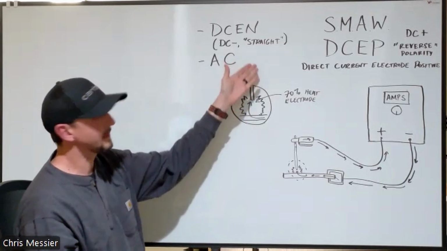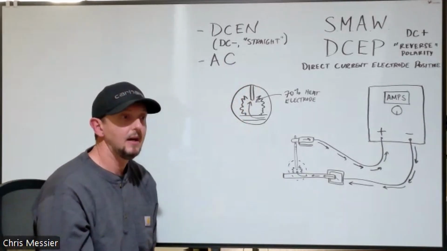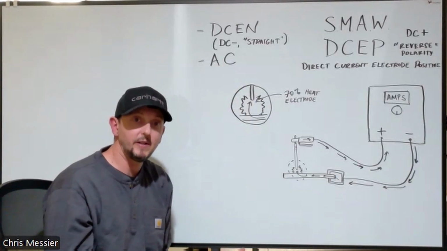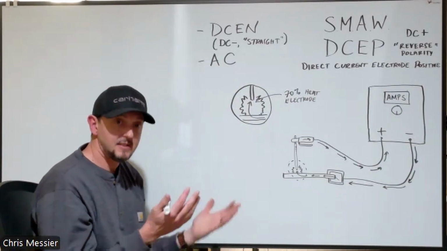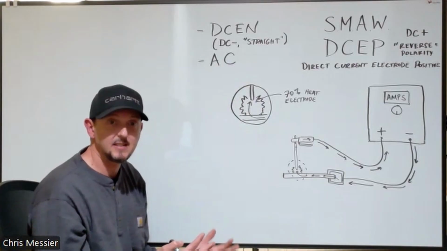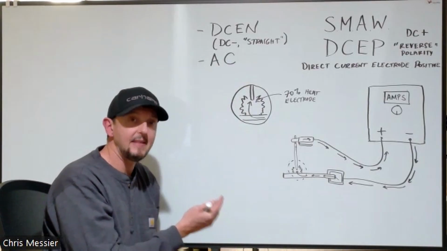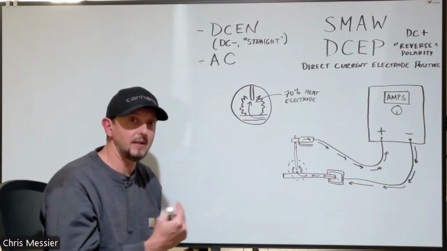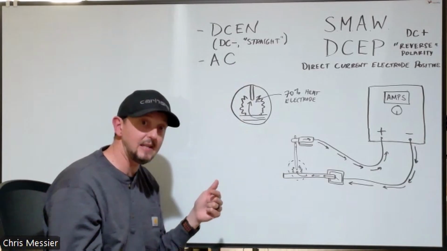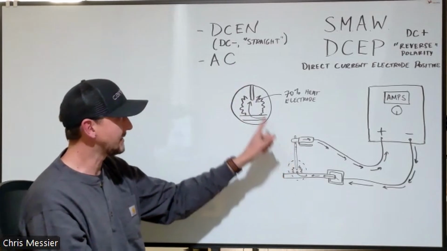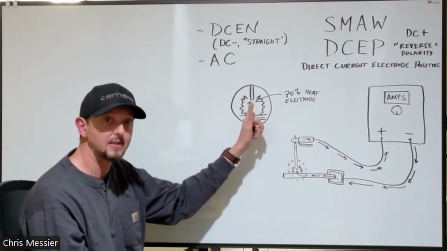This is important for some processes because, for instance, TIG welding on steel or stainless steel is going to be using DCEN polarity. And that's really important because in that case, we don't want the heat focused on our tungsten electrode, which is non-consumable.